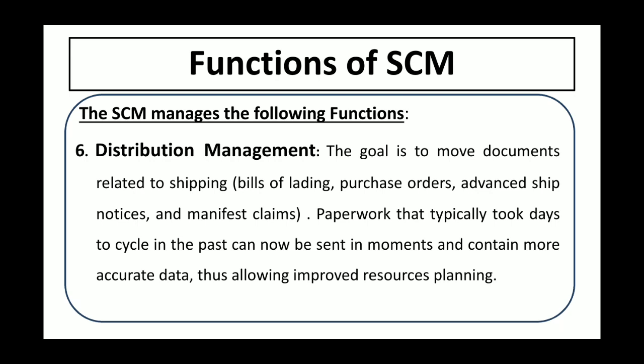Everything will be managed in this distribution management by the supply chain management system. From warehouses to the customer, the product has to reach. The transportation strategy, frequency, routes, and contracting, everything will be managed in this distribution management.